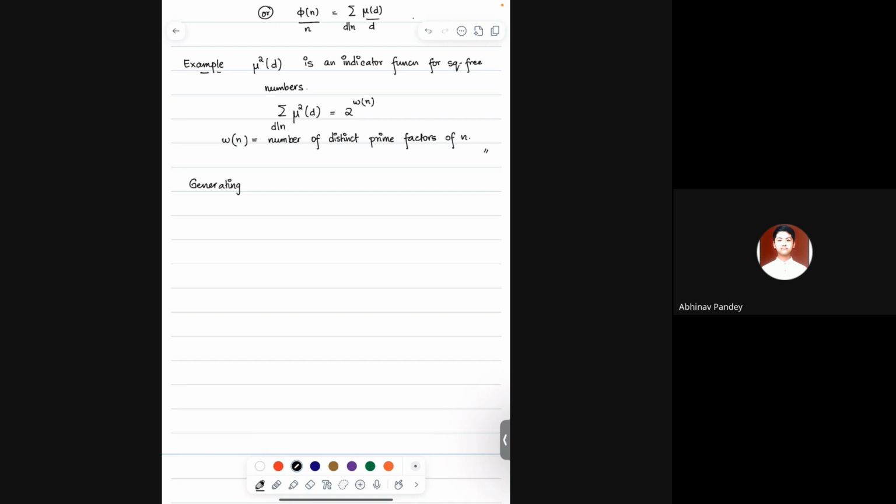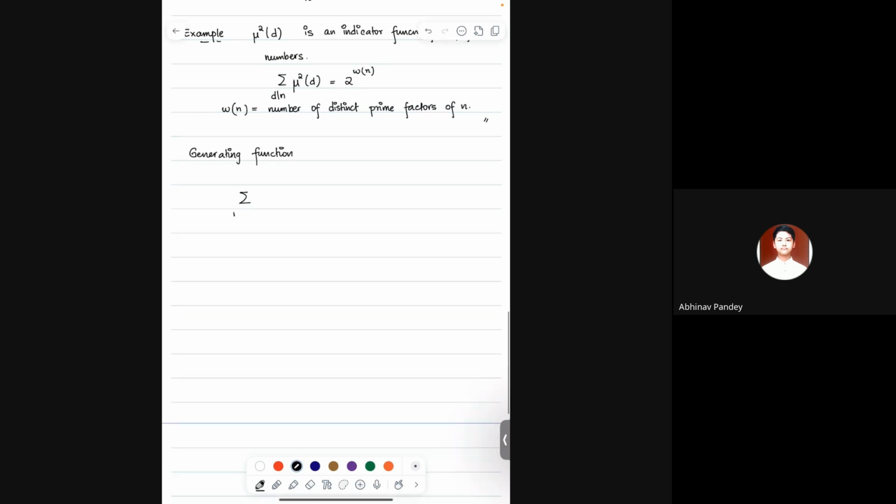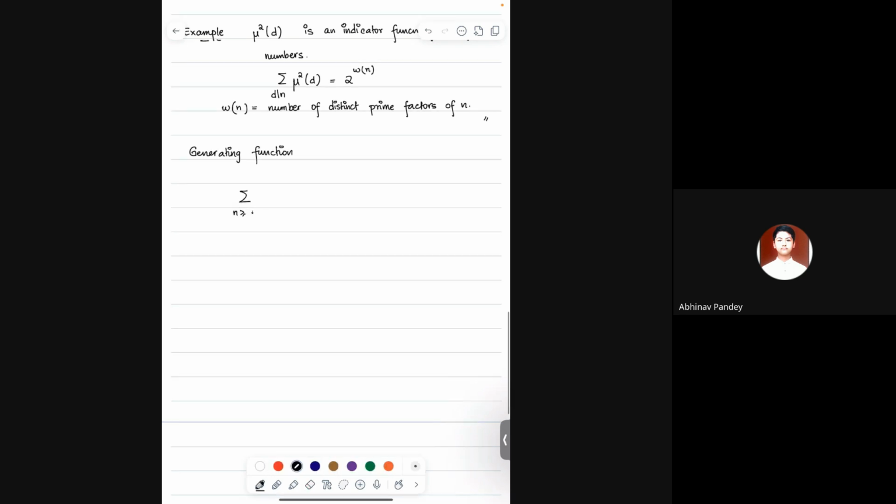I will not need the full force of a generating function per se, but I think it's still a good way to motivate what I want to say. So if I have a series, this is an infinite series. Sorry, this is not n bigger than or equal to infinity. This is n bigger than or equal to 1.